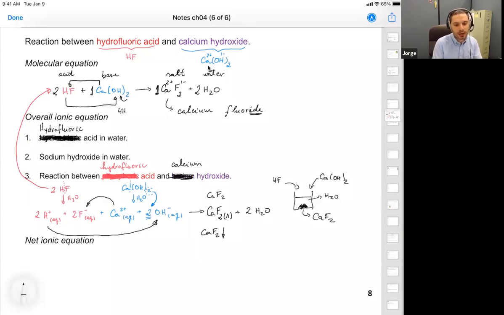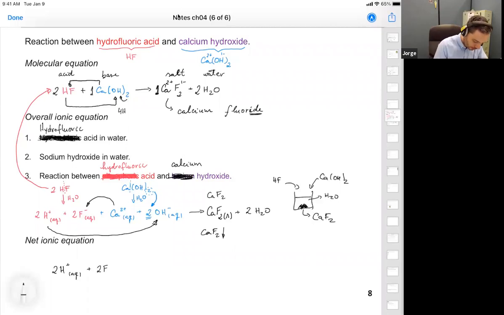Okay, so for the net ionic equation, you are going to cancel out everything that shows up on one side and on the other side. It has to be identically the same thing. H plus, you don't have on both sides, therefore it will show up in the net ionic equation. Fluoride, same thing. You don't have fluoride on both sides of the equation, it has to be exactly the same thing, okay?